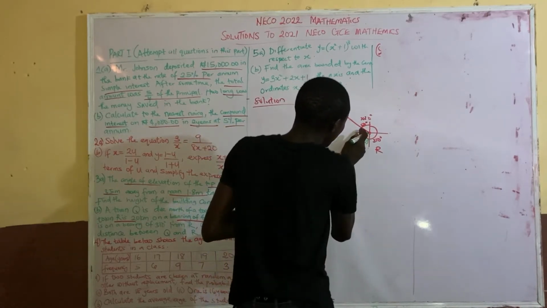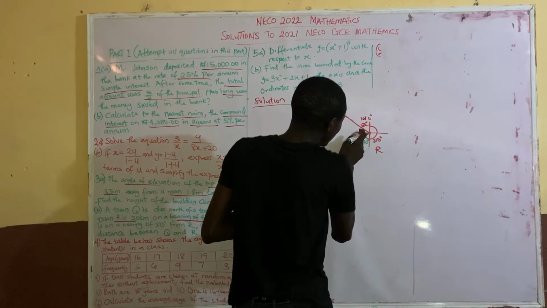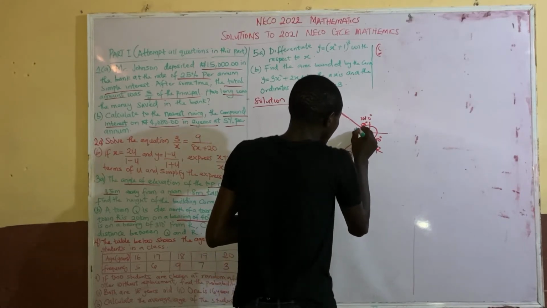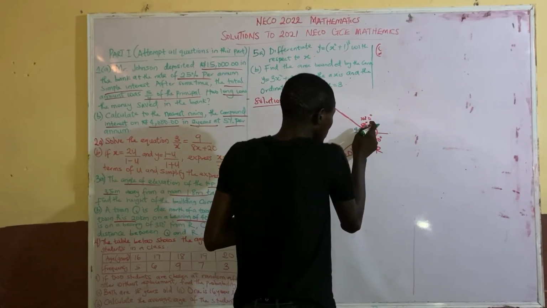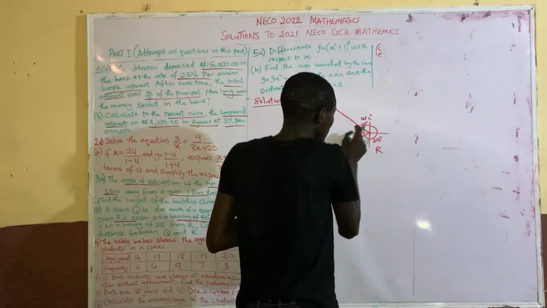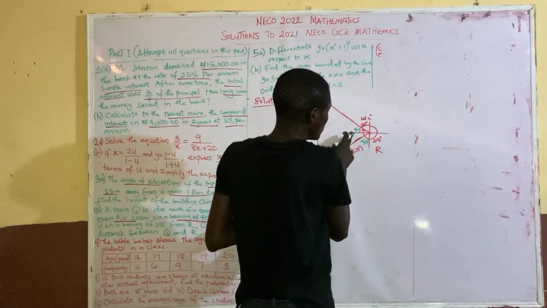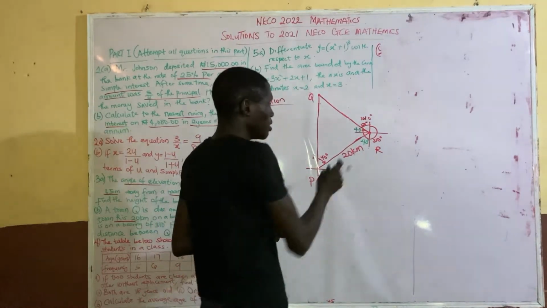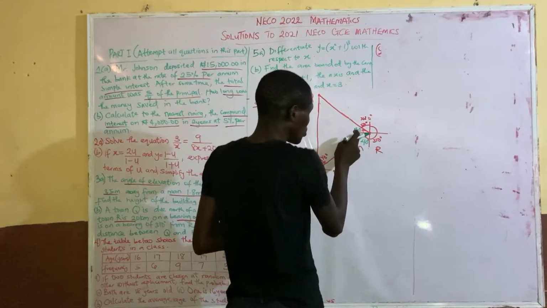The angle here is 310 minus 270. This one will be 40 degrees, because the whole angle is 90, so 90 minus 50 is 40. Or you can say 310 minus 270 gives 40.